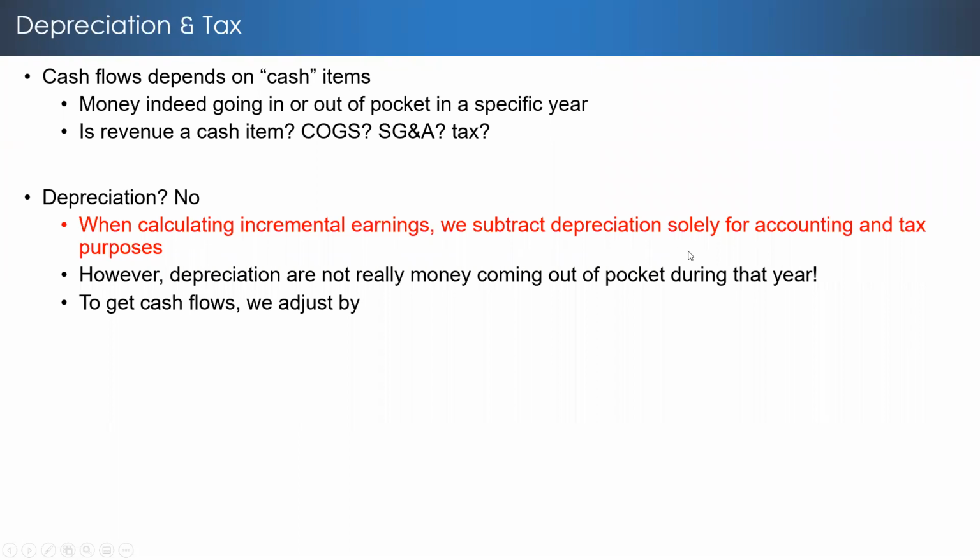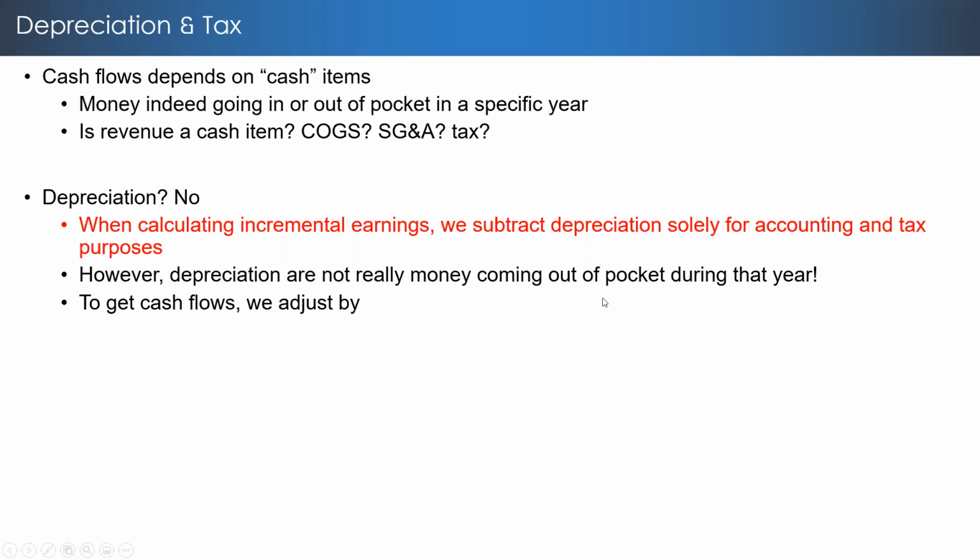There's something called depreciation tax shield, meaning that for years you have a higher depreciation, you will have a higher tax shield, meaning that you are required to pay less tax in those years. So that's how depreciation works.